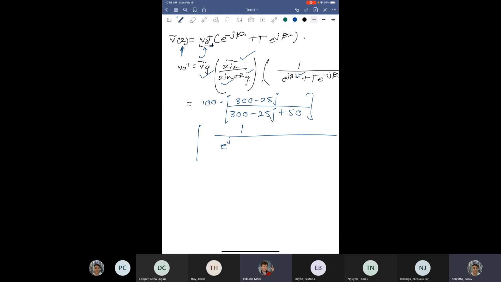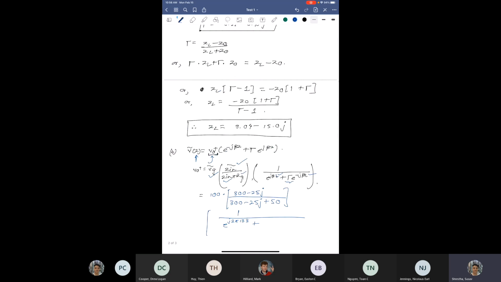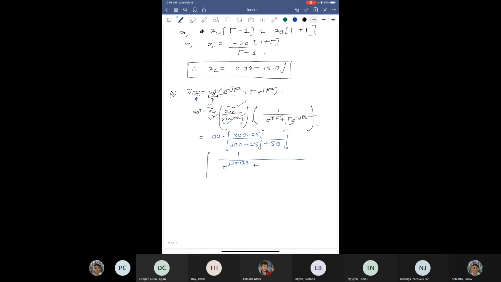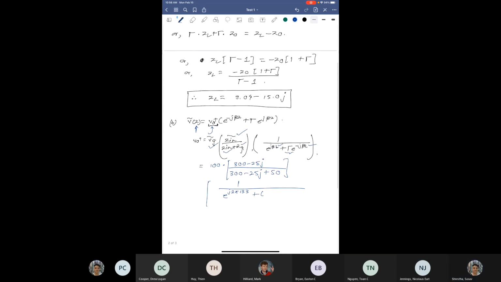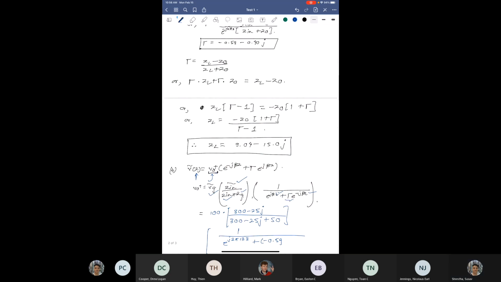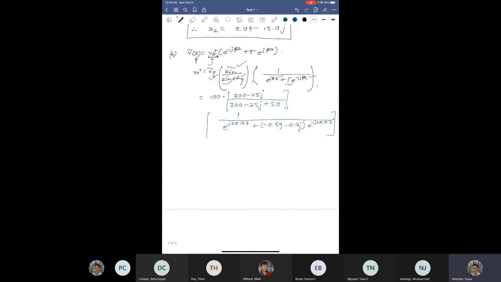Correct. 2 pi times 13.3 plus the reflection coefficient we calculated before, so we have to look back to this value: negative 0.59 negative 0.4j, e to the power negative j 2 pi times 13.3. Okay, now that's what you guys are solving.